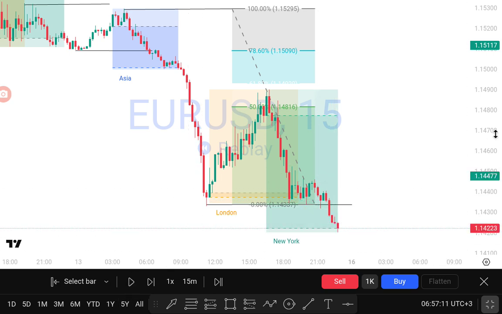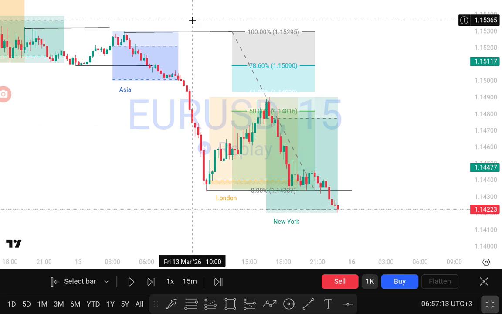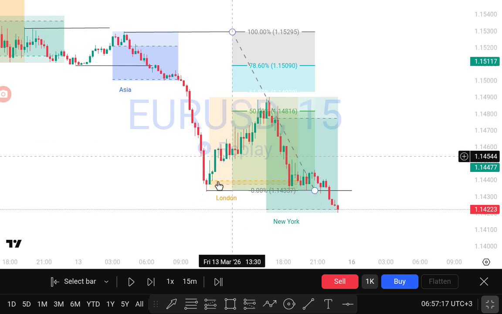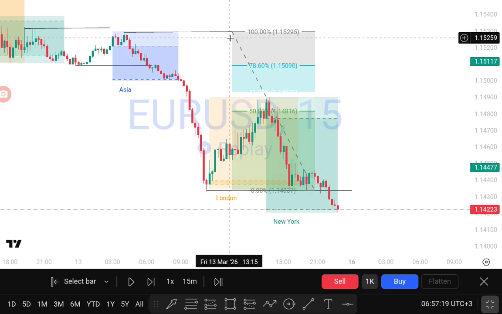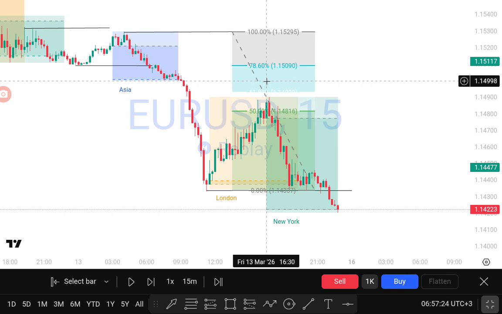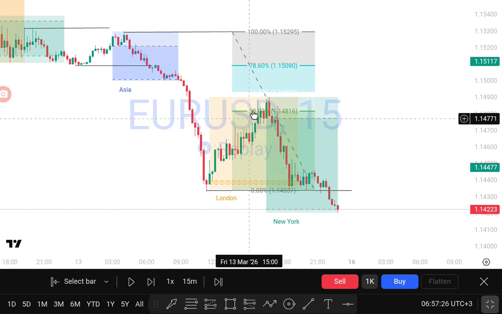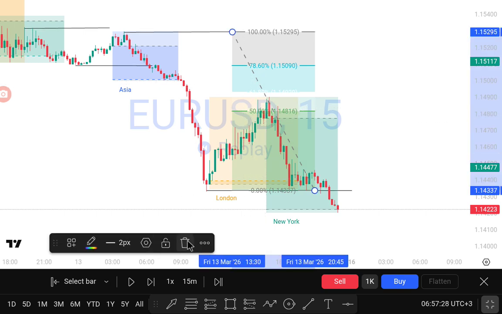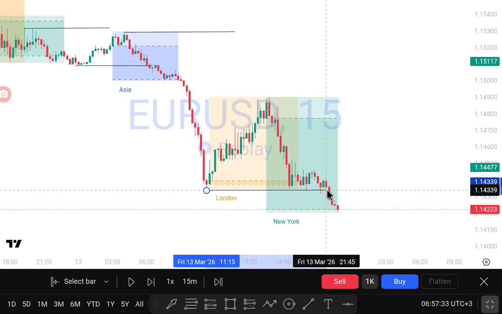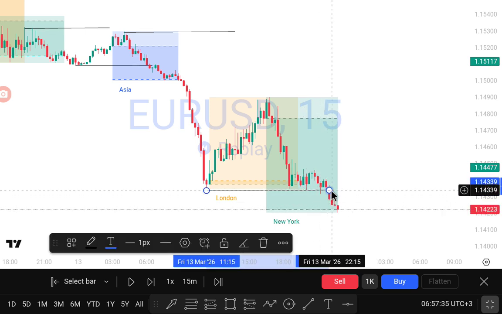Now look, since this had been our fake high, and now price has respected this trading range to this one into our 50%, that means price has reached the premium. Sellers have been tagged in. So now this one is valid to be a break of structure, a valid break of structure.